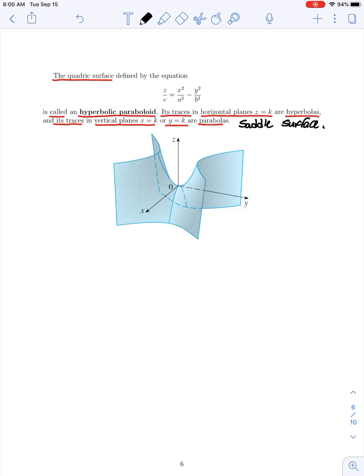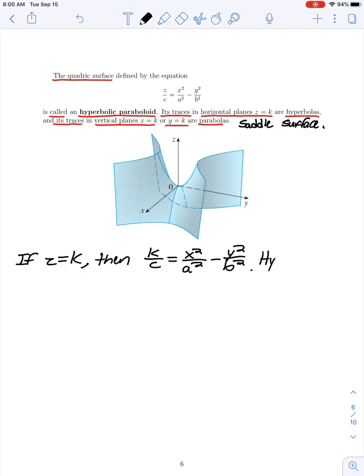So let's consider justifying why our surface would look something like what I've shown here. In horizontal planes, if we have a fixed value for z, say z equals k, then the equation for our surface becomes k over c is equal to x squared over a squared minus y squared over b squared.